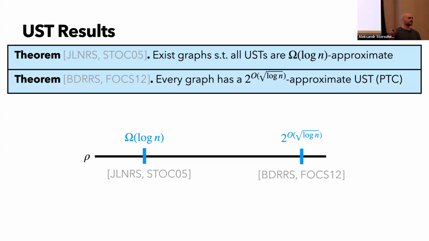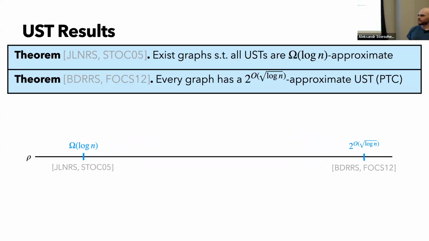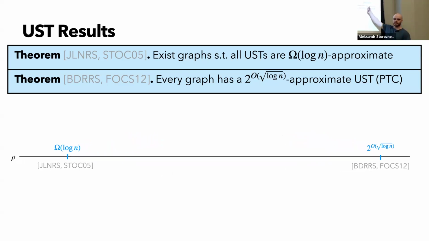So it lies somewhere between polylog n and n. It's non-trivial. It's not n, which would be easy to get, but it's much worse than the lower bound we have, which is polylog. I've drawn these in large font pretty close to one another, but for the purposes of approximation algorithms, you should think of this as being very far from that.